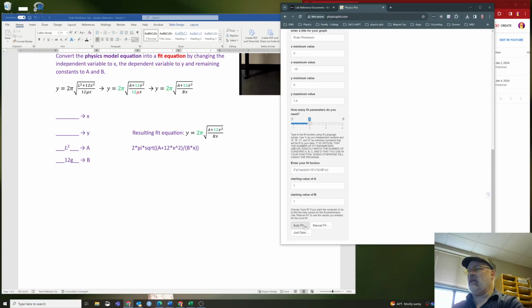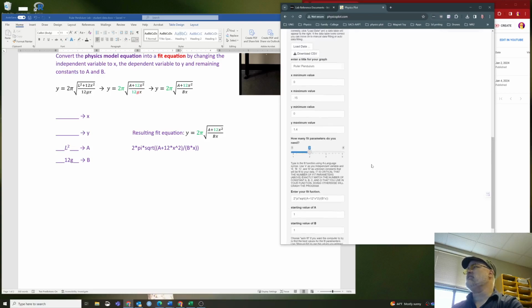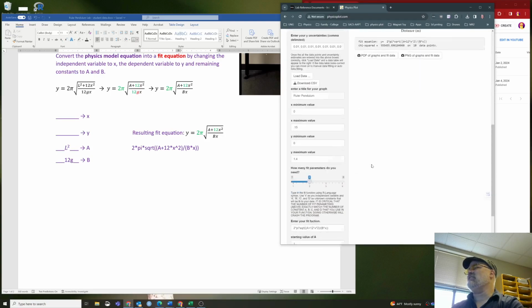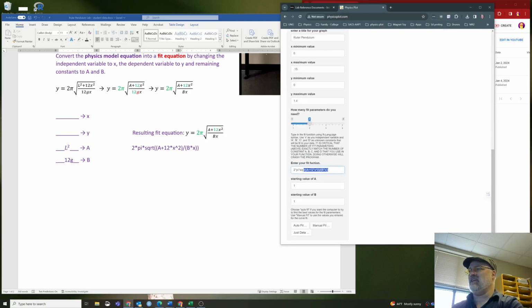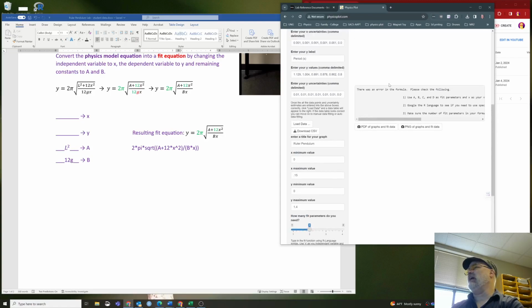Okay, and then I'm going to click manual fit. And the reason I'm clicking manual fit is I just want to test, did I type this in a way that the computer could read? Because, for example, if I had forgotten to put in that multiplication sign and I did manual fit, I would get an error.